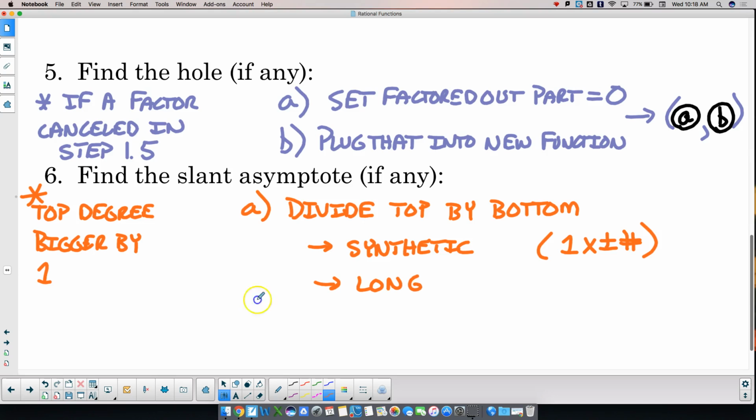Then I'm going to drop the remainder. Then what? Is what's left over? And what form is it going to take?